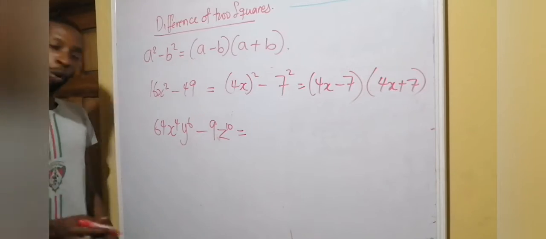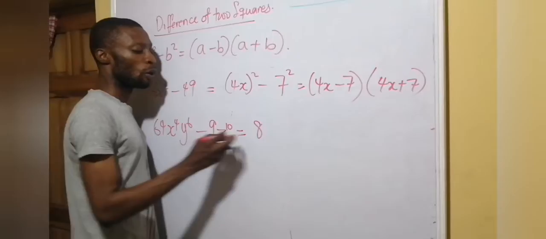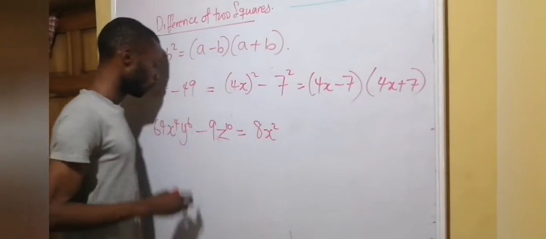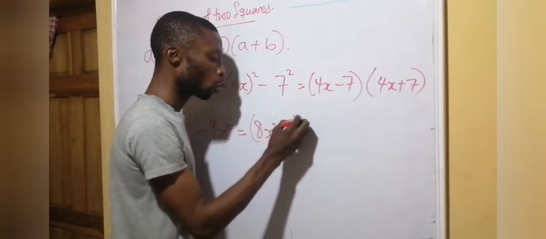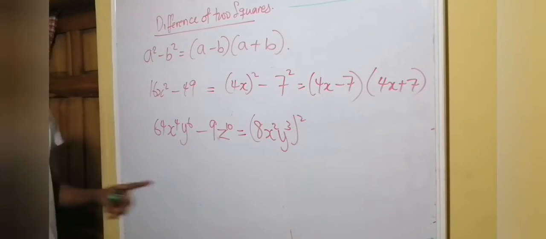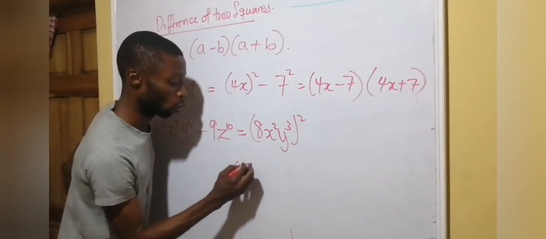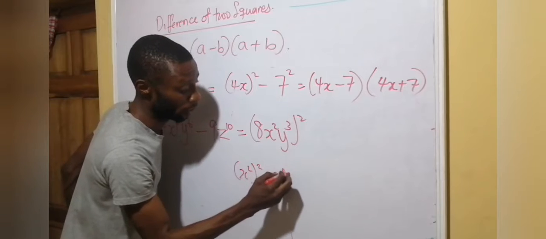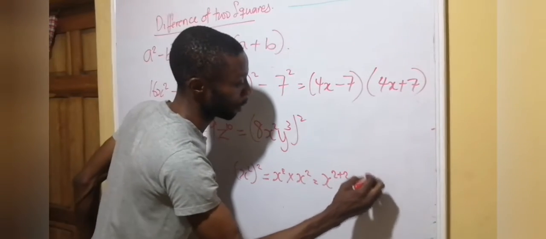64 is 8 squared, the perfect square. x raised to power 4 is x squared all squared, and y raised to power 6 is y raised to power 3, all squared. If you square x squared, it makes x squared times x squared, which is x raised to power 2 plus 2, x raised to power 4.